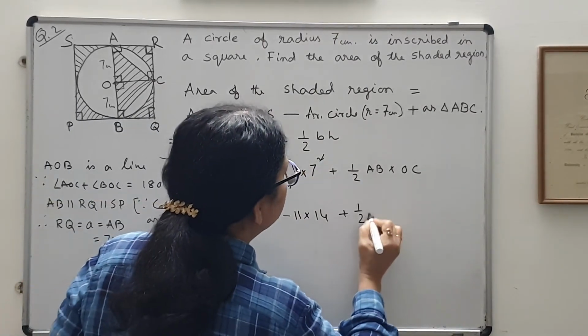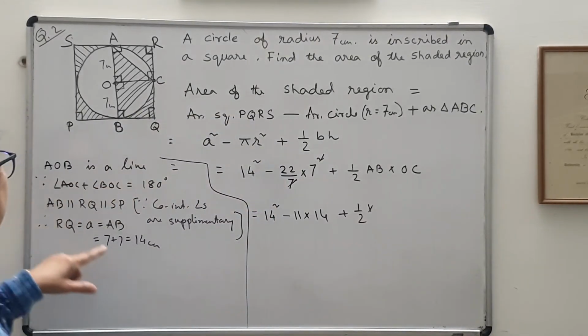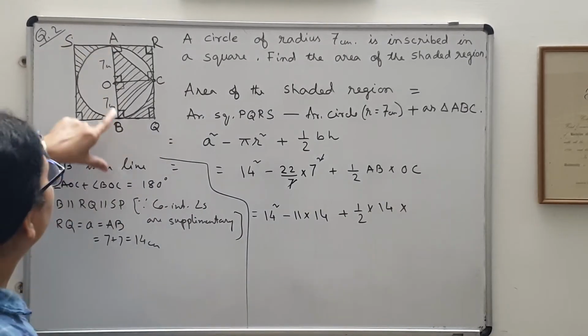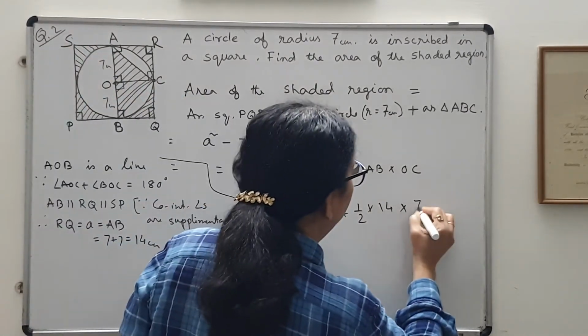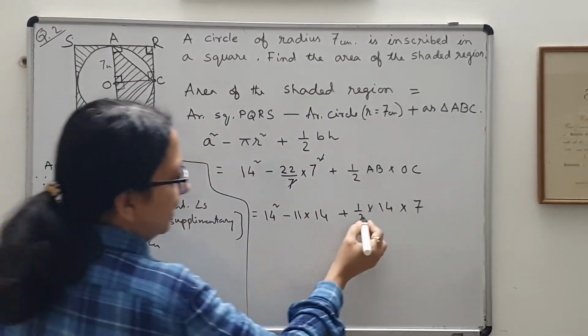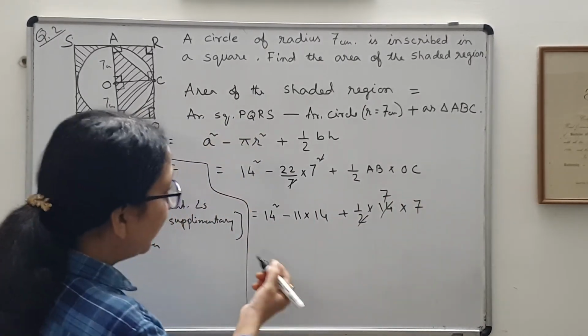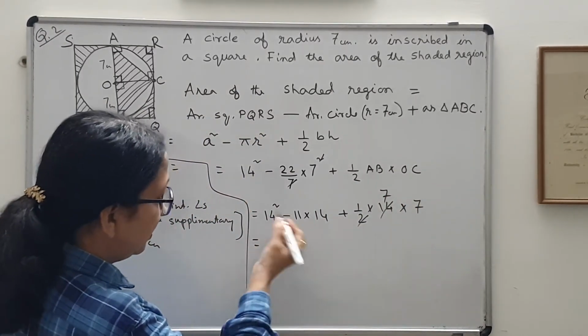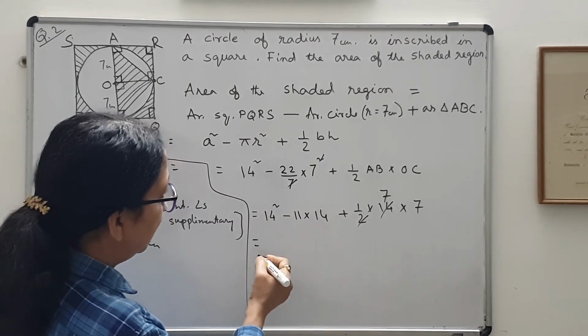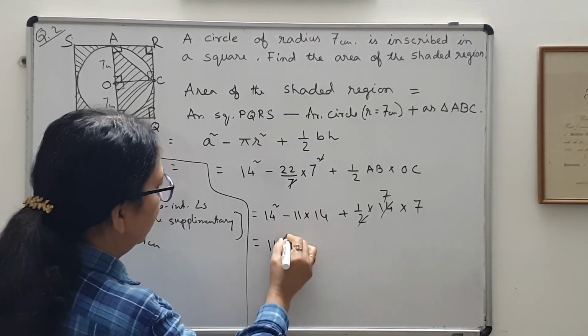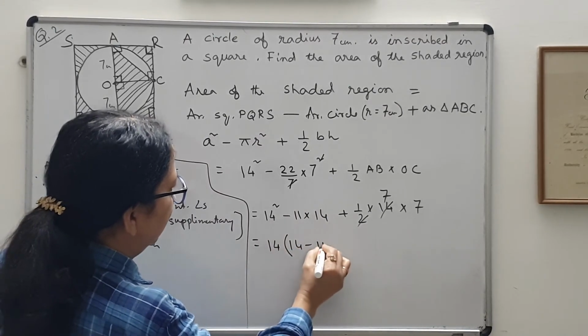First, what was AB? AB was 14, and OC is 7. So again I cancel 7. Now I repeat, taking 14 common first: 14 minus 11, right?